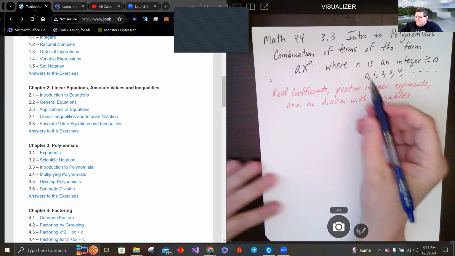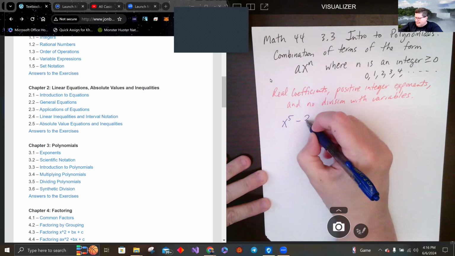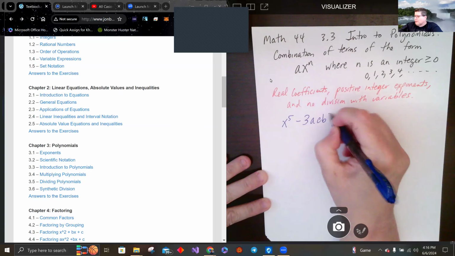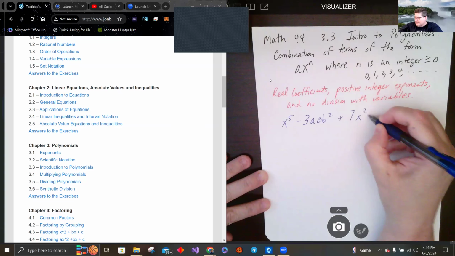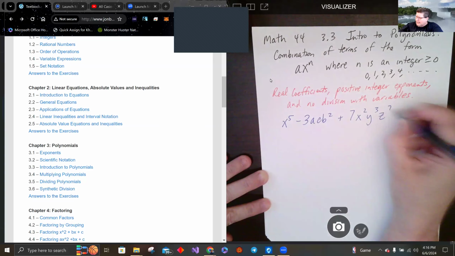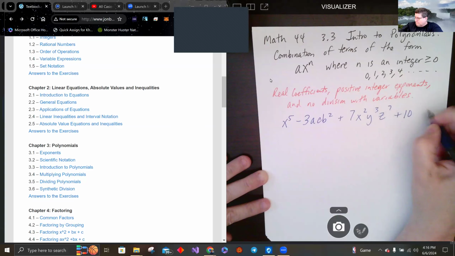So like x to the 5th power minus 3ab squared plus 7x squared y cubed z to the 7th plus 10, I don't know, w is a polynomial.